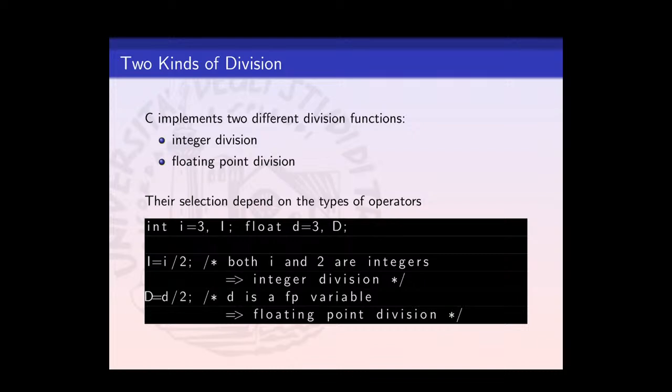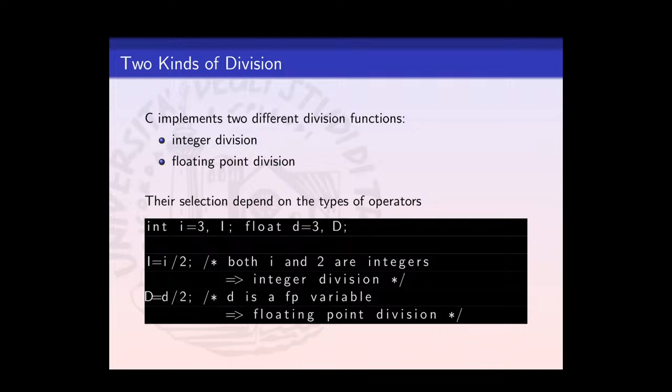In the C programming language, there are two kinds of division. Despite the fact we have one single symbol to represent them, we have integer division and floating point division. And the symbol is the standard one. If you have already programmed in any computer language, you know that slash is used to represent division.